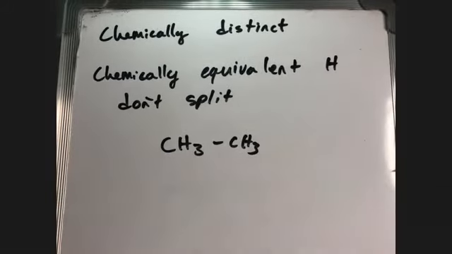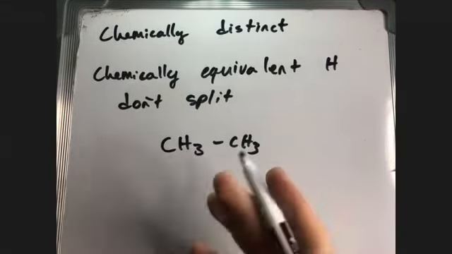So it's like if you go back in your mind when we were doing absolute configuration, it's like distinguishing the groups bound at that center. If they're the same, then it's not chiral. And that's basically the same idea as these chemical equivalents, is if the groups bound to that carbon are the same, then they're chemically equivalent. And if they're adjacent to each other, then they don't split each other.